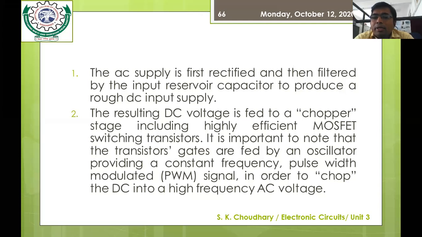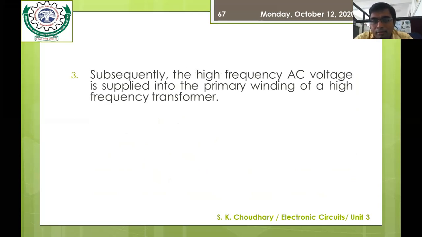And here it is very important to note that the transistor's gate or base, depending upon the type of transistor, is fed by an oscillator providing a constant frequency pulse width modulated signal in order to chop the DC into a high frequency AC voltage. That's why we are getting the high frequency AC signal at the output of the switch.